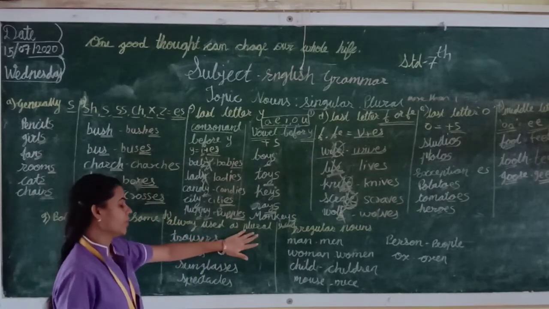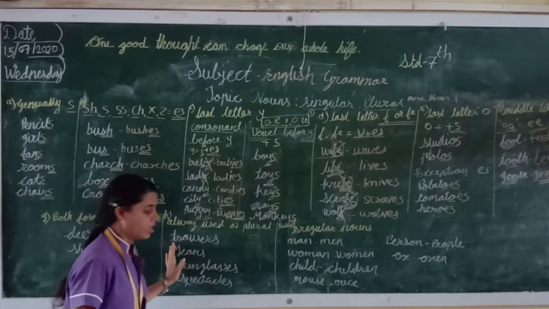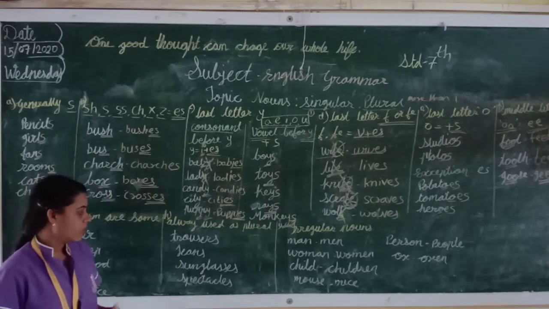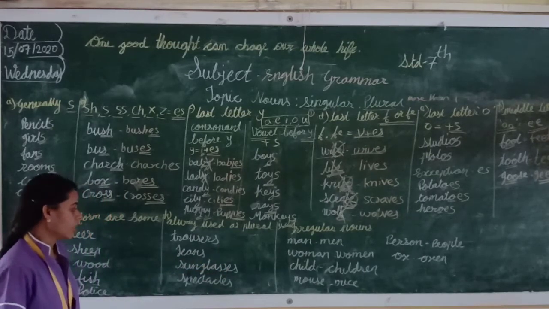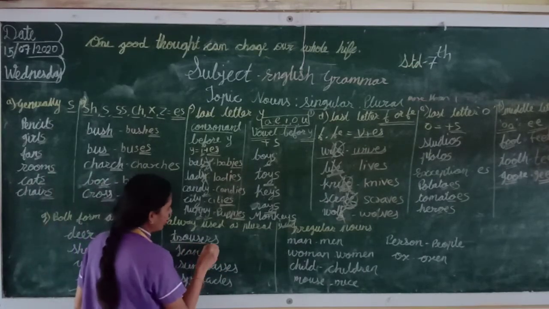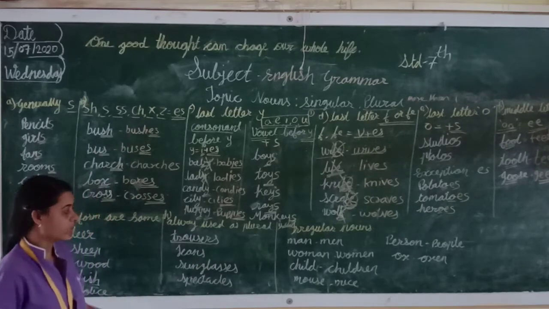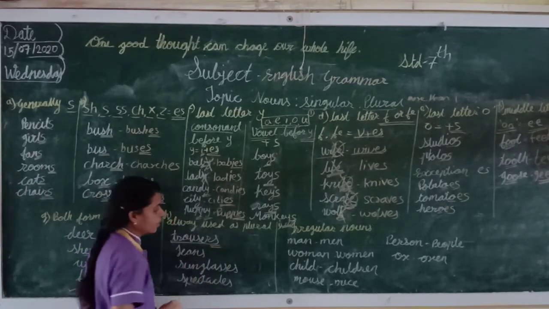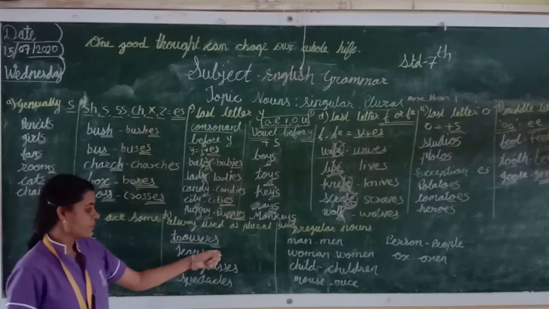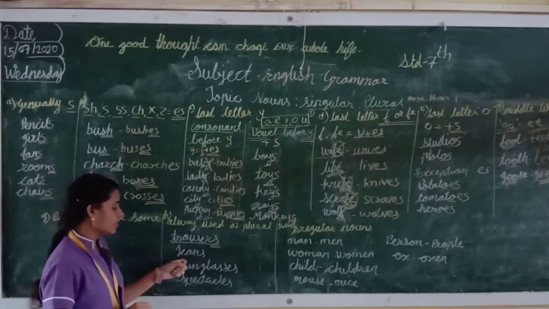Always use as plural. Means some words we always use as plurals. They cannot have the singular. Means trouser, we do not say trouser. We say trousers. These words always come in plural. Now jeans. We do not say jean.